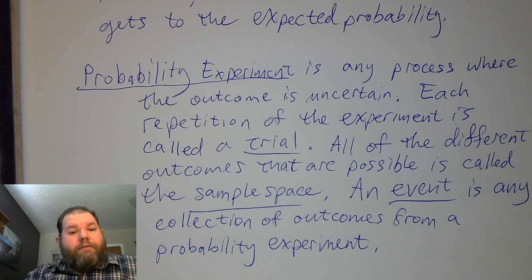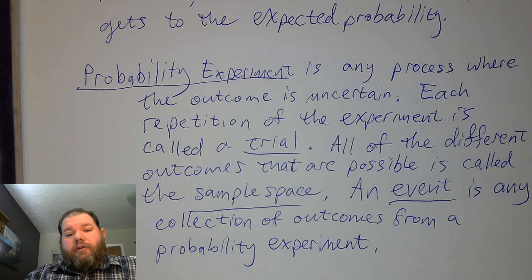So there we have a lot of our different terminology expressed. Let's say our probability experiment is that we want to flip a coin 50 times, and we want to know the number of times that tails was landed on.